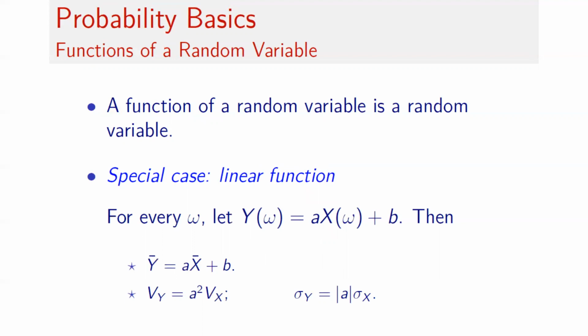Something that you have to remember is that a function of a random variable is also a random variable. Remember, a random variable is when we are working not in the universe space, we are working in the vector space. For example, a special case is the linear function, and all of us know what a linear function is. So now let's define this function for every omega.